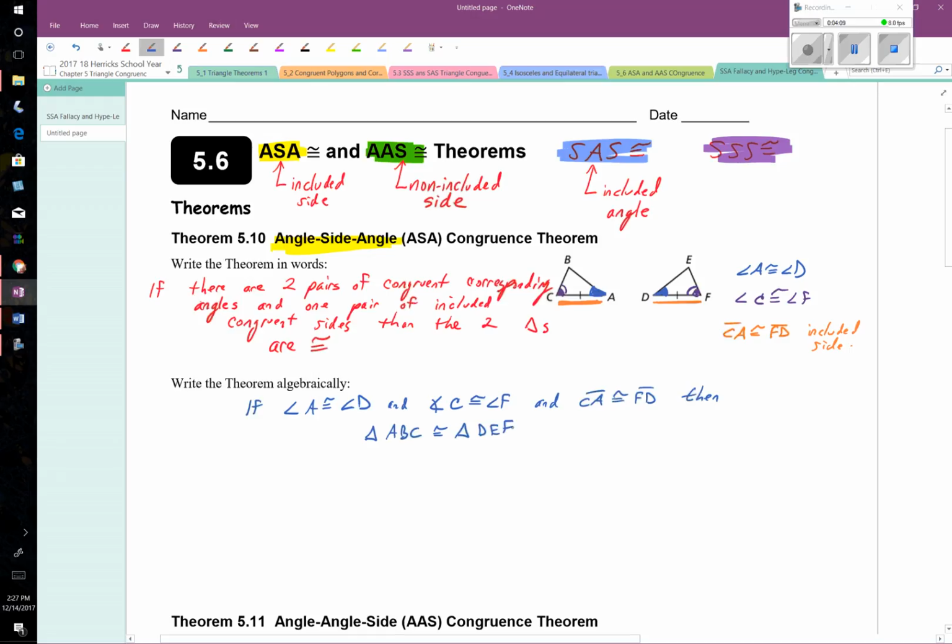Okay, and this is the way angle side angle works.